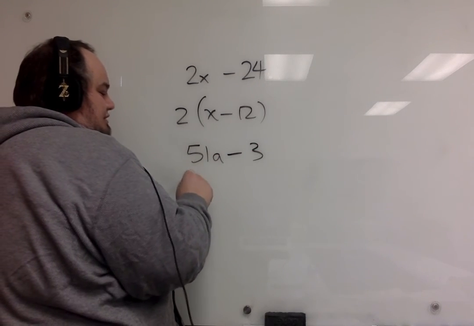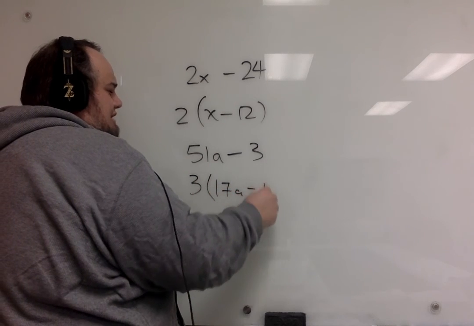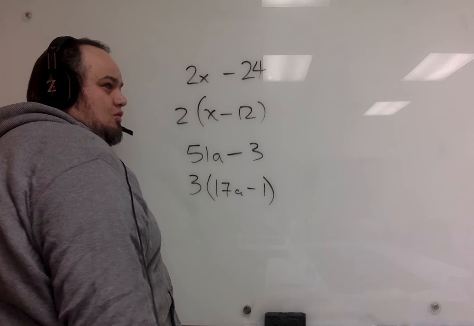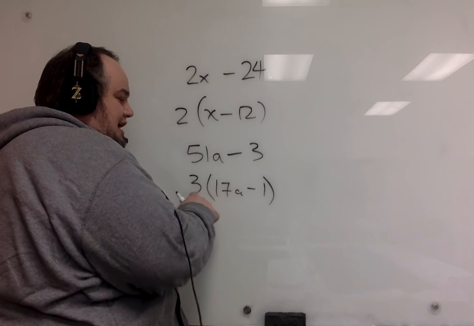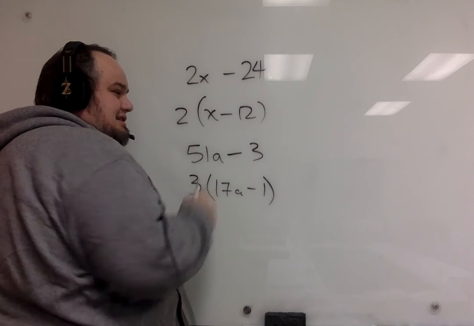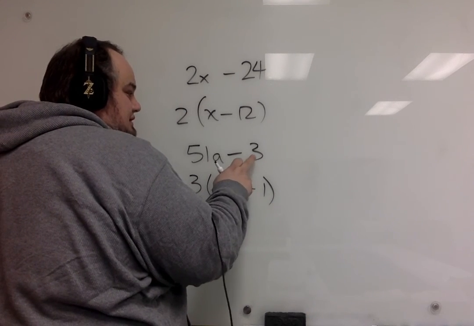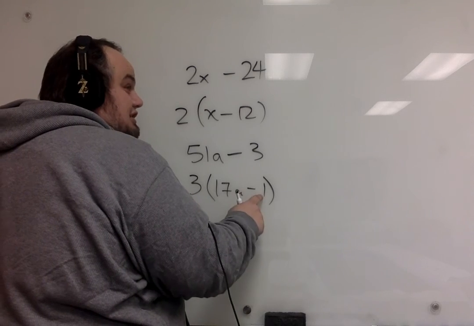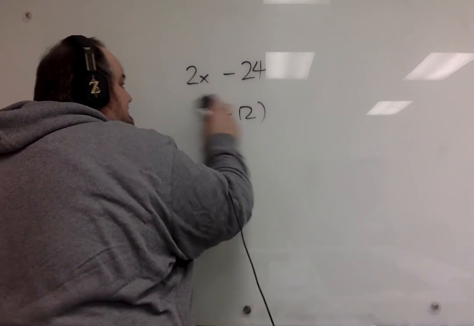Here you could factor out a 3, so you get 17a minus 1. Notice the 3 didn't go away because we factored it out. We have to be able to multiply by this to get back to this. So if you factor out the whole thing, in this case 3, you still end up with a 1 over here. Let's look at another example where that happens.